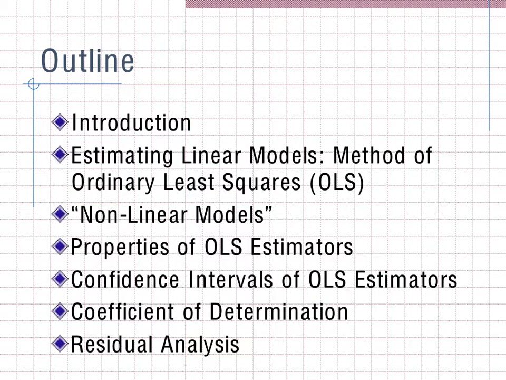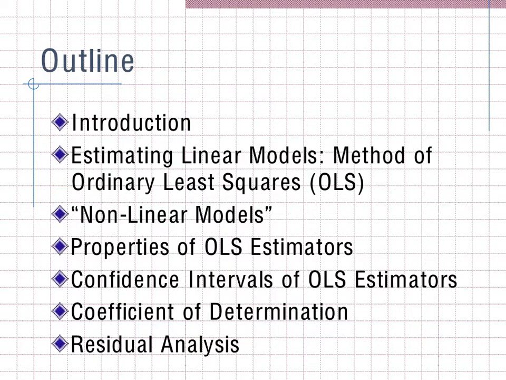In addition to learning about how to get the estimates for these models, we will learn about the properties of those estimates, properties of ordinary least squares estimators. That will lead us to the confidence intervals for these estimators.